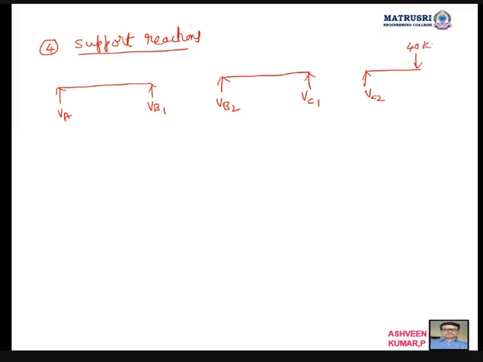40 kilonewton, that is 20. Okay, 20 kilonewton, this is 1 meter. This is UDL, 18 kilonewton per meter, 4 meter. And this is 50 kilonewton, 2 meter, 3 meter.